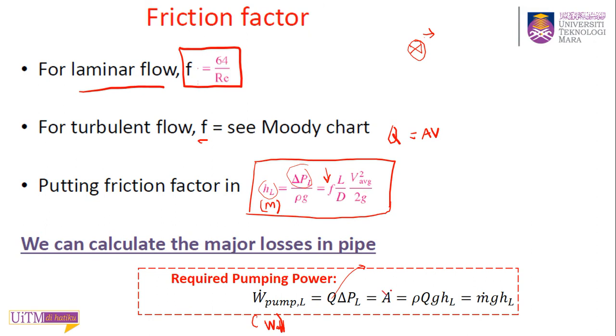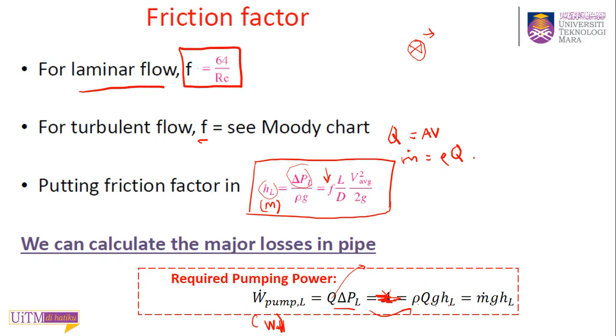Or you can write this equation in terms of, we know Q is equal to AV, the area times the velocity, and delta P_L equals rho g h. So delta P times Q, and this Q times rho is the mass flow rate. We have a volume flow rate, and mass flow rate equals rho Q in the continuity equation.